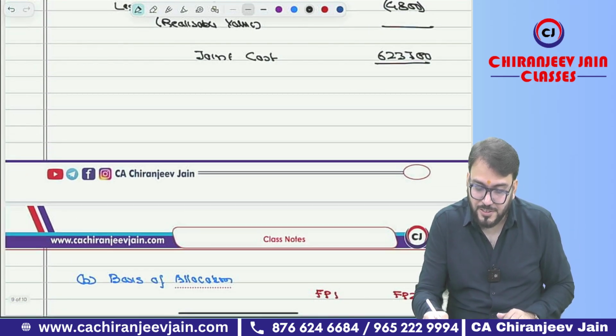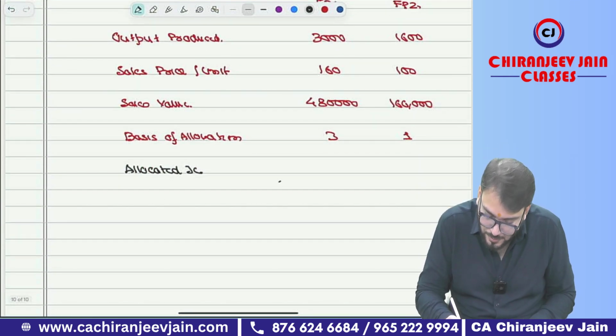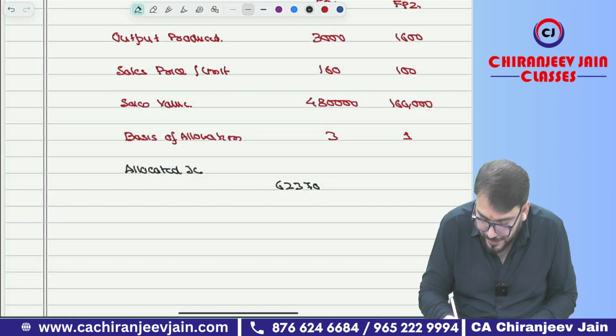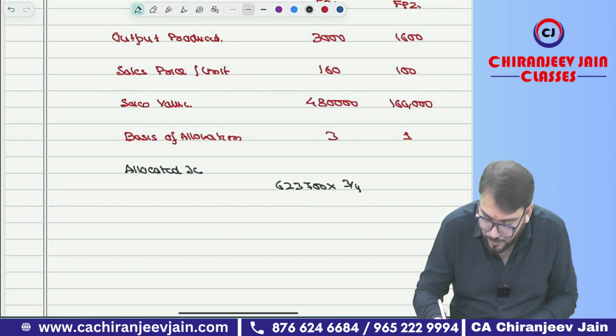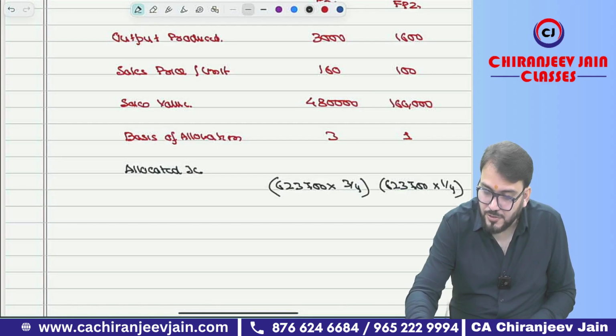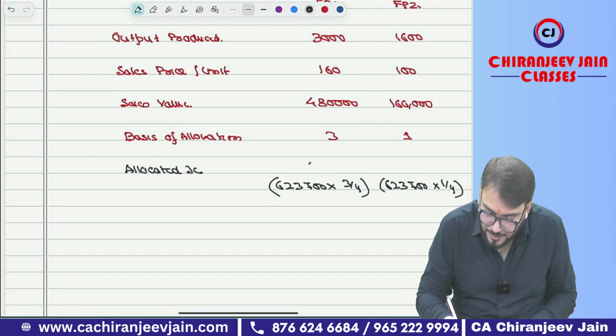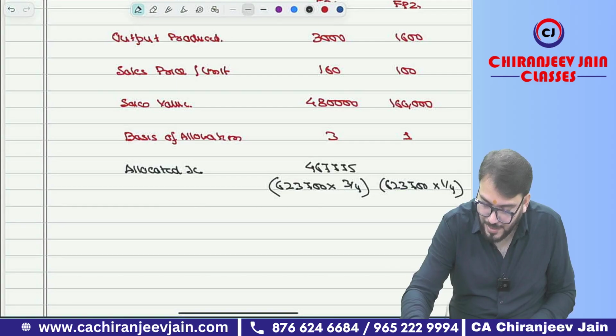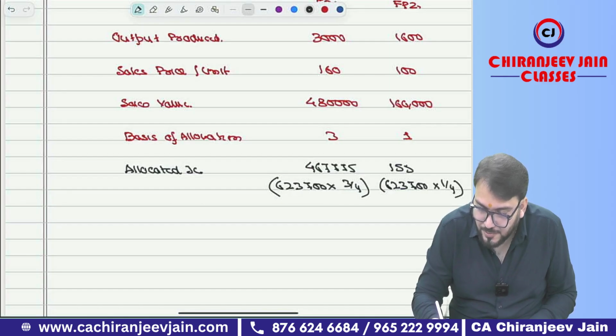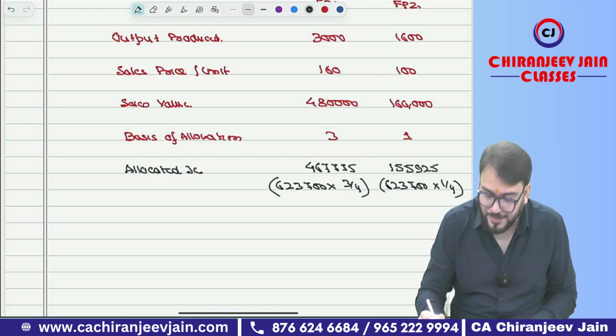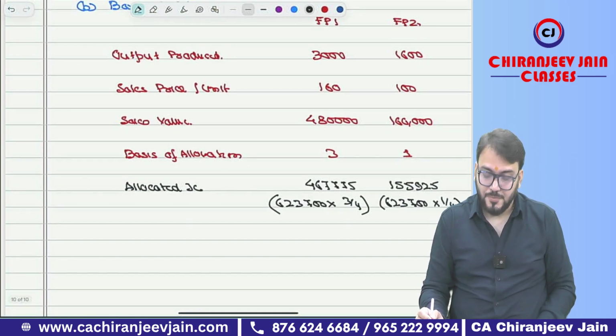Allocated joint cost: 6,23,700 into 3 by 4 and 6,23,700 into 1 by 4. 6,23,700 into 3 divided by 4 is 4,67,775, and the remainder is 1,55,925.